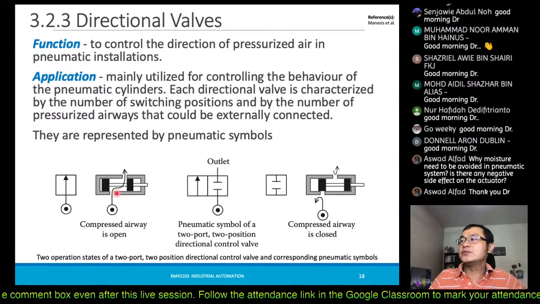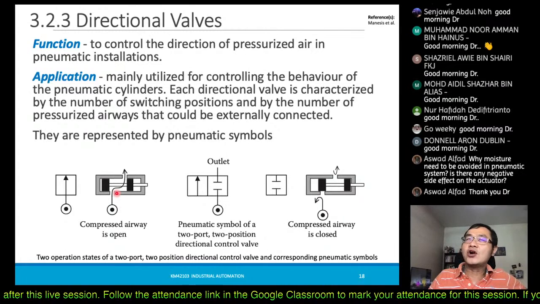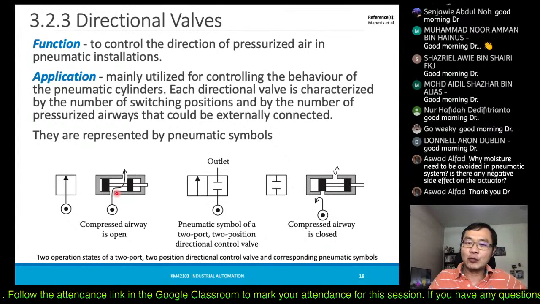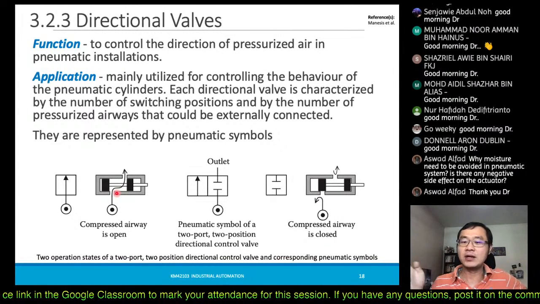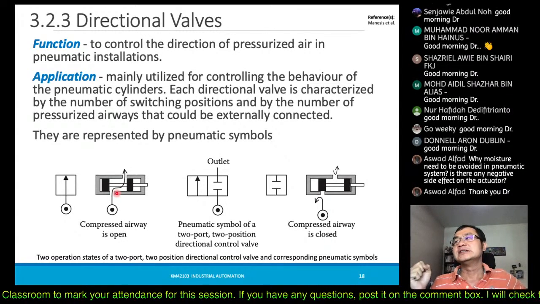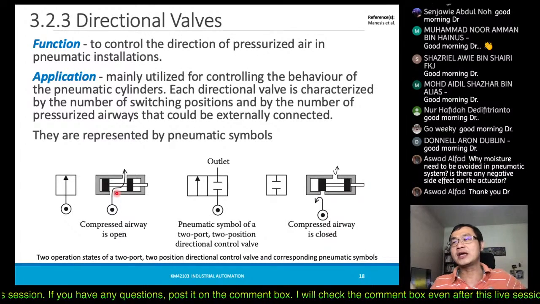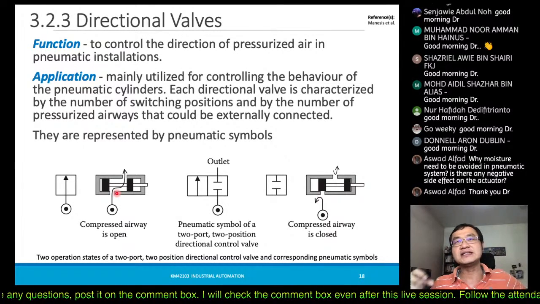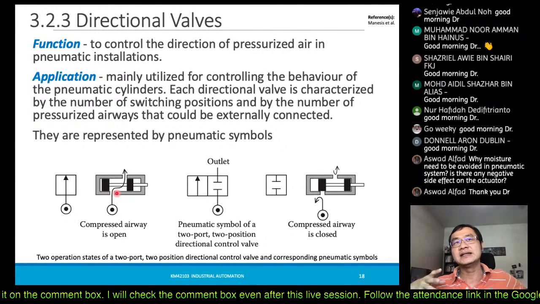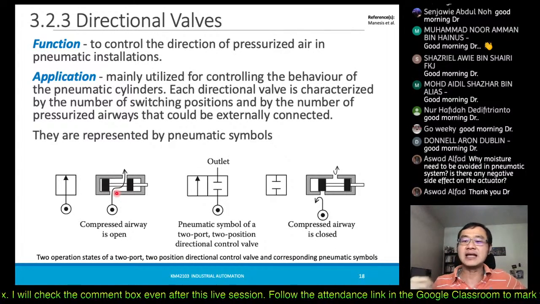In these sessions we would mainly concentrate on the directional valve, because this is the main part where we want to control the directions of the flow, in order for us to design and operate, or to complete, a desired task.